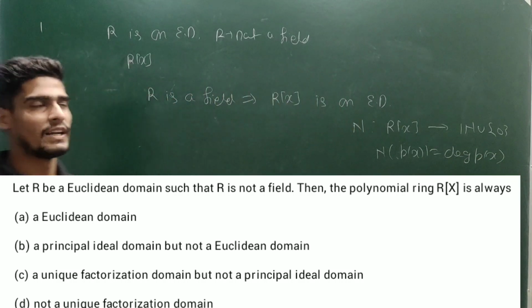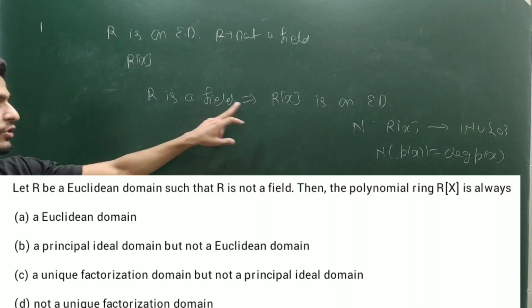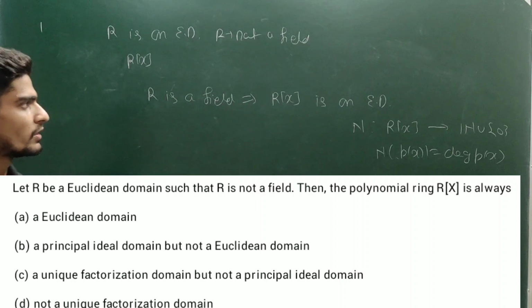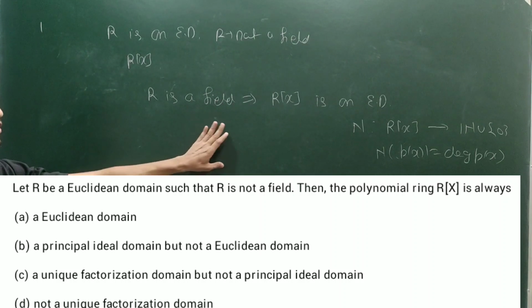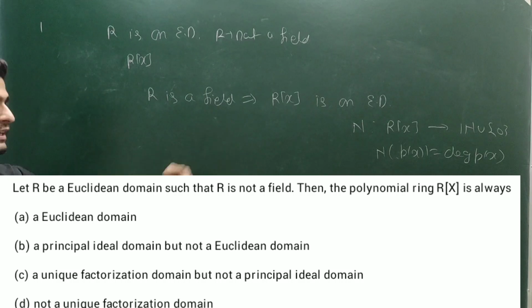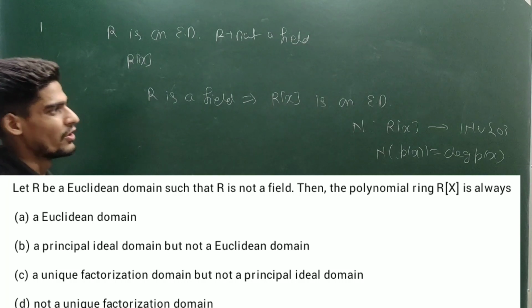So you can define this whenever you are in a field. The converse of this statement is not true in general, that we know, because we have plenty of examples.